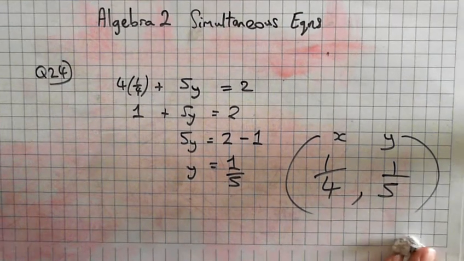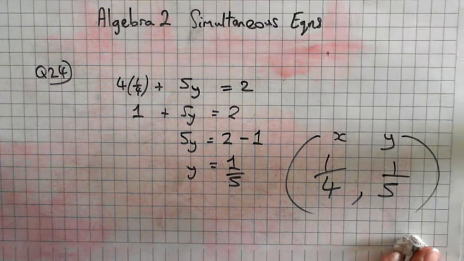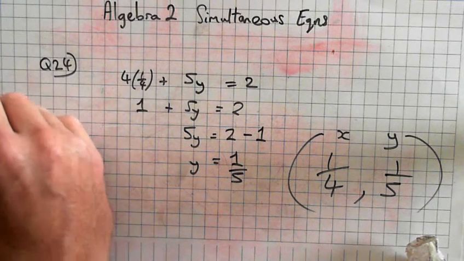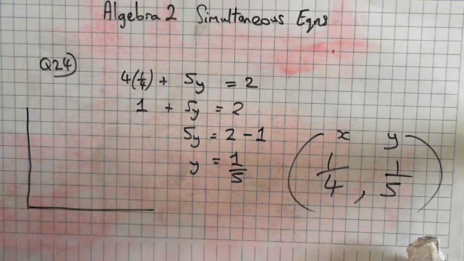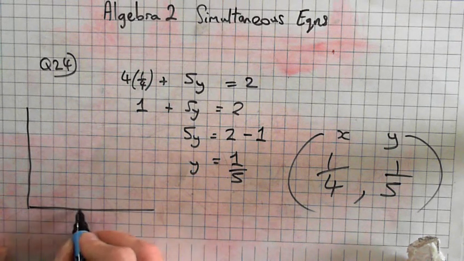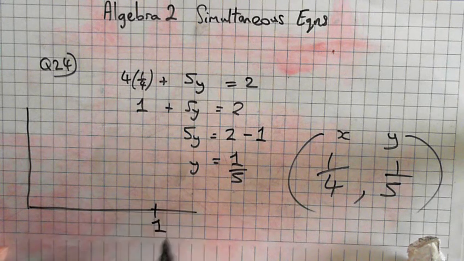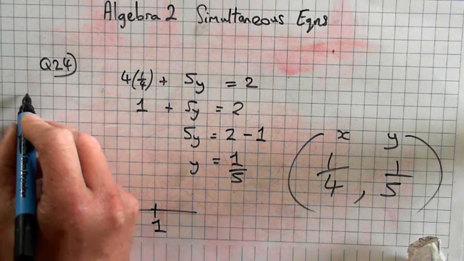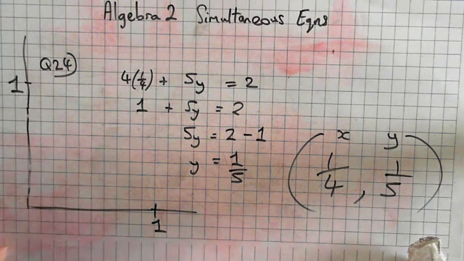Right, we'll go on to another one. How would you plot those? How would you plot it? Okay, so if you're drawing it, you just have to draw it like 1, 2, 3, 4, 5, 6, 7, 8, 9. So that's 1, and that's 1.